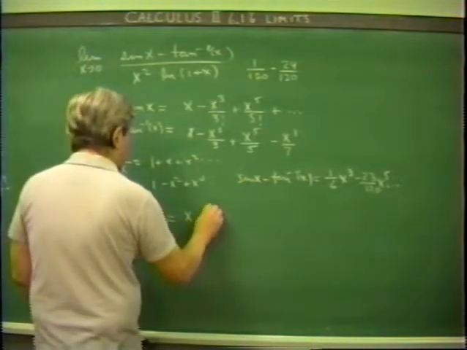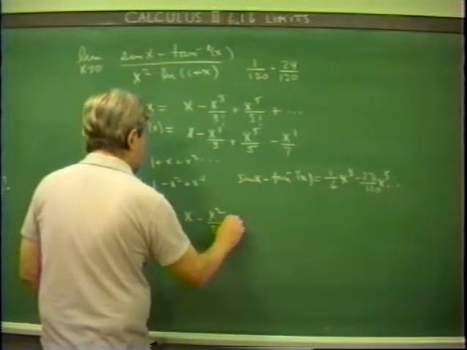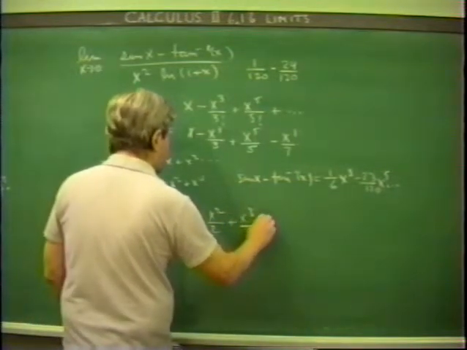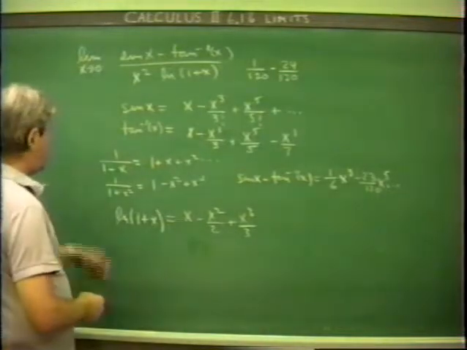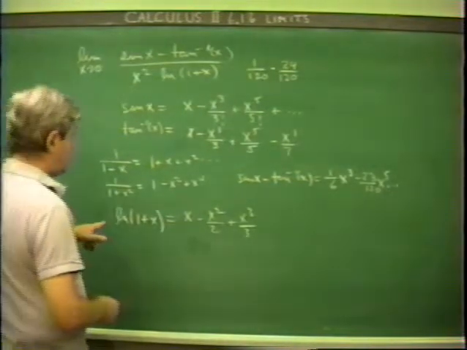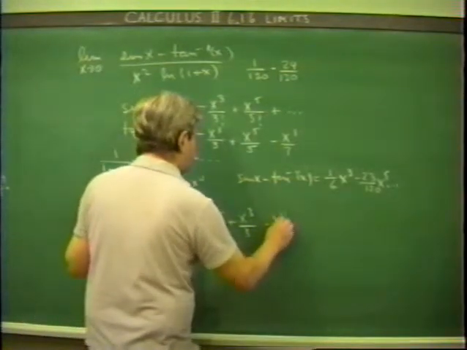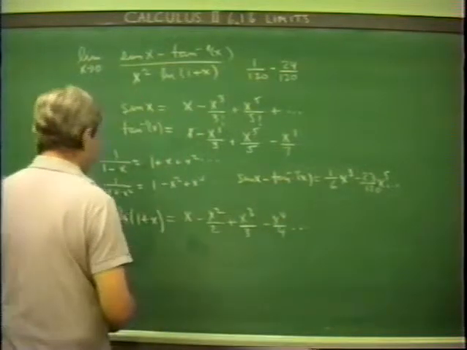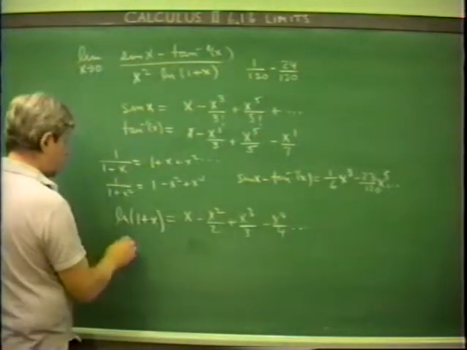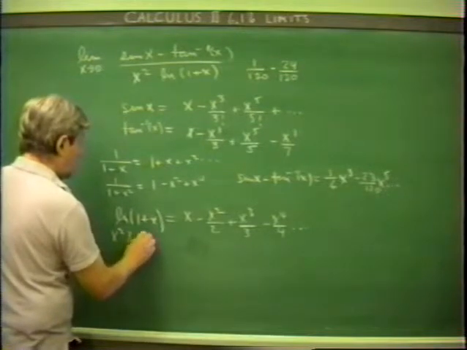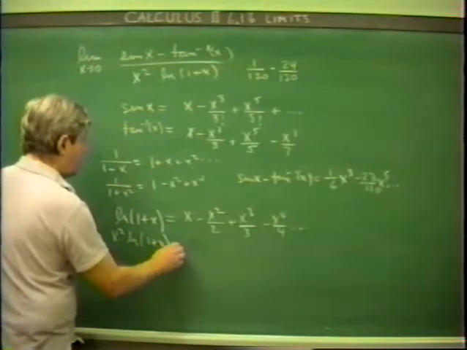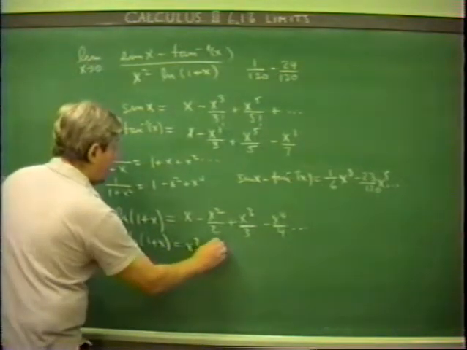Right? Log of 1 plus x. We want the expansion for this. This is equal to x minus x squared over 2 plus x cubed over 3 minus x to the fourth over 4, and so forth here.